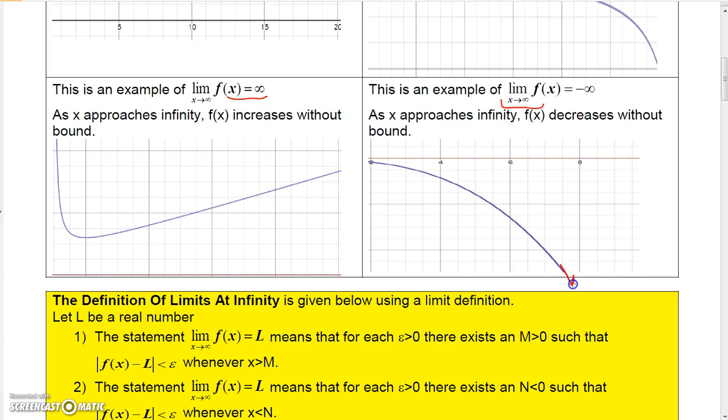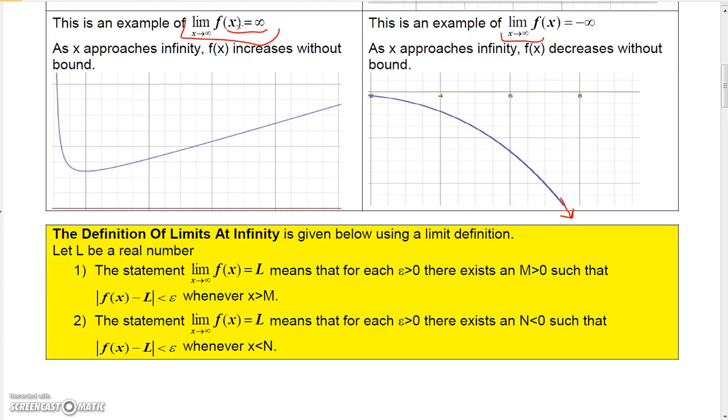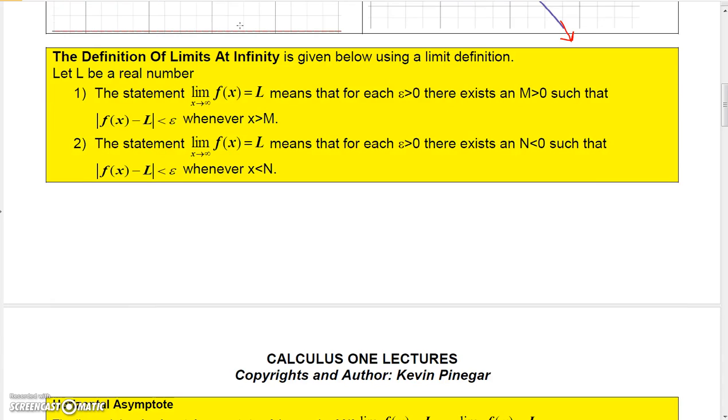So it's actually just getting smaller and smaller. So we would say this limit is actually negative infinity, where over here the limit as x approaches infinity is actually equal to infinity. Okay?